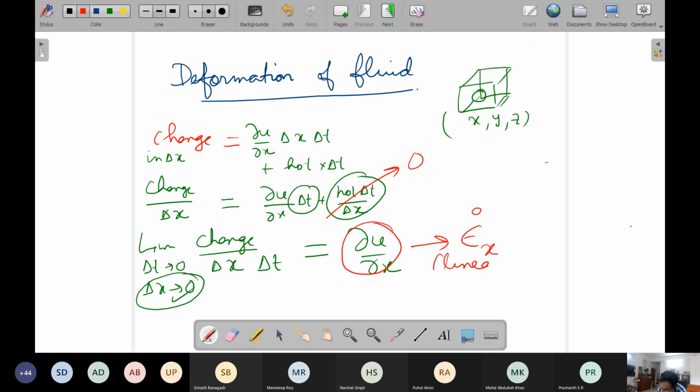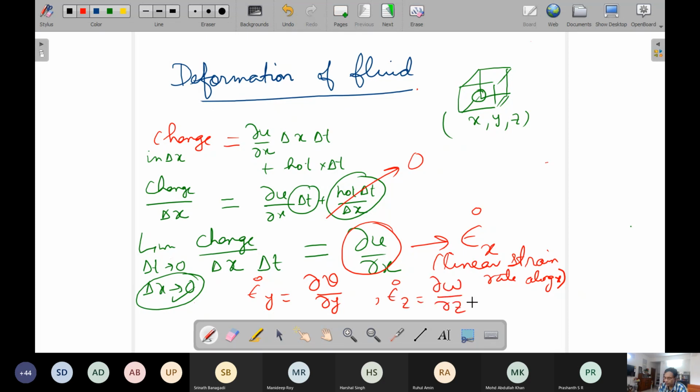So this is linear strain rate along x. So now once you know this, you can write what is that along y. It will be related to the y component of velocity, and the other one, it will be related to this component of velocity.